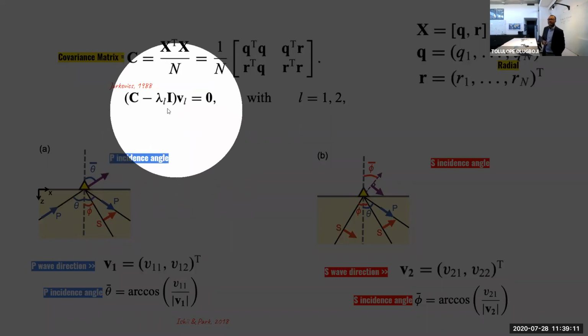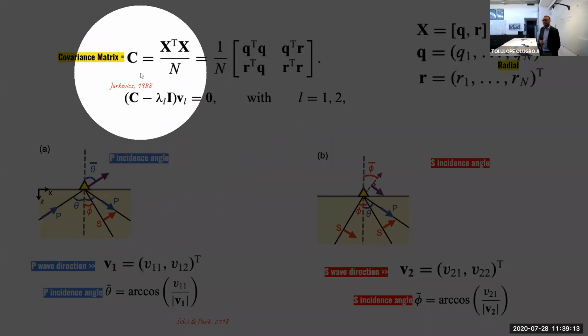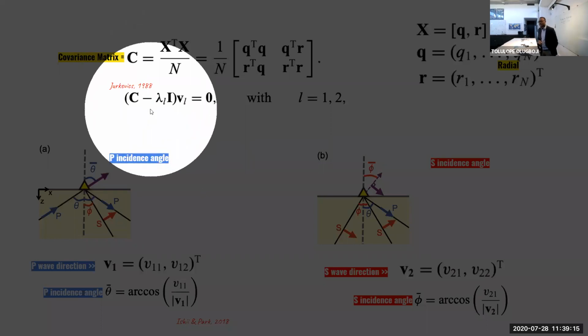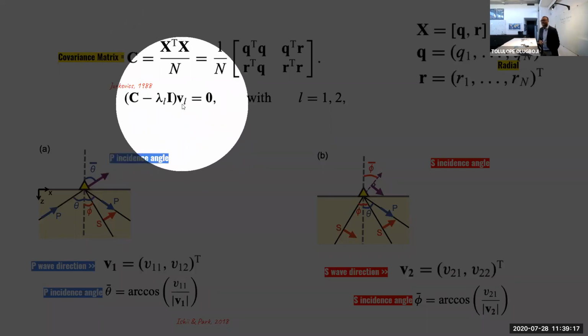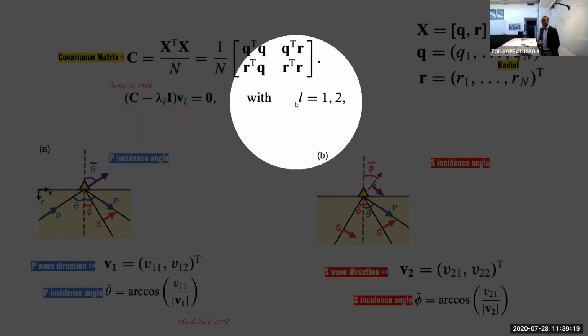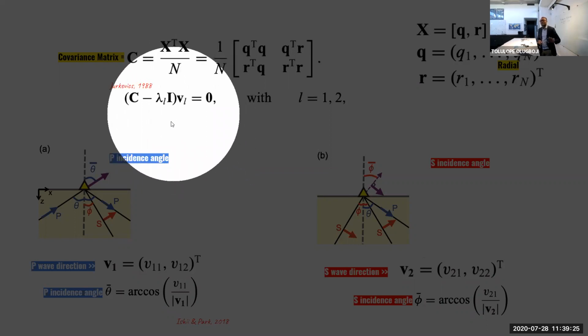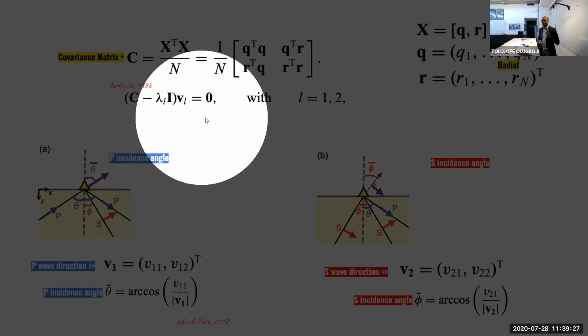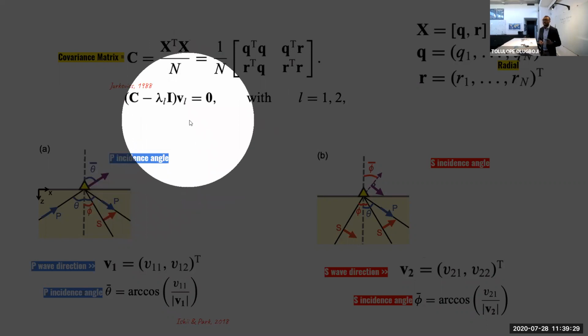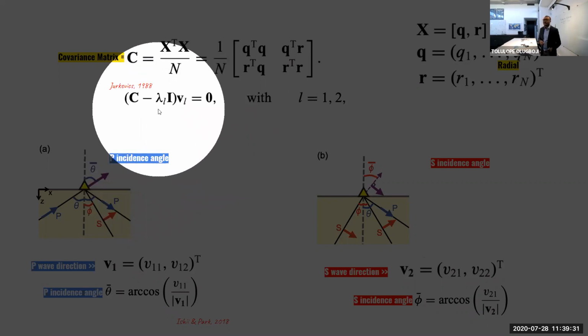When you do a singular value decomposition of this covariance matrix, it will separate the polarization direction into two eigenvector directions, V1 and V2. Those two directions tell you the wave propagation direction. For P waves, it will be the direction V1 associated with the maximum eigenvalue lambda 1.